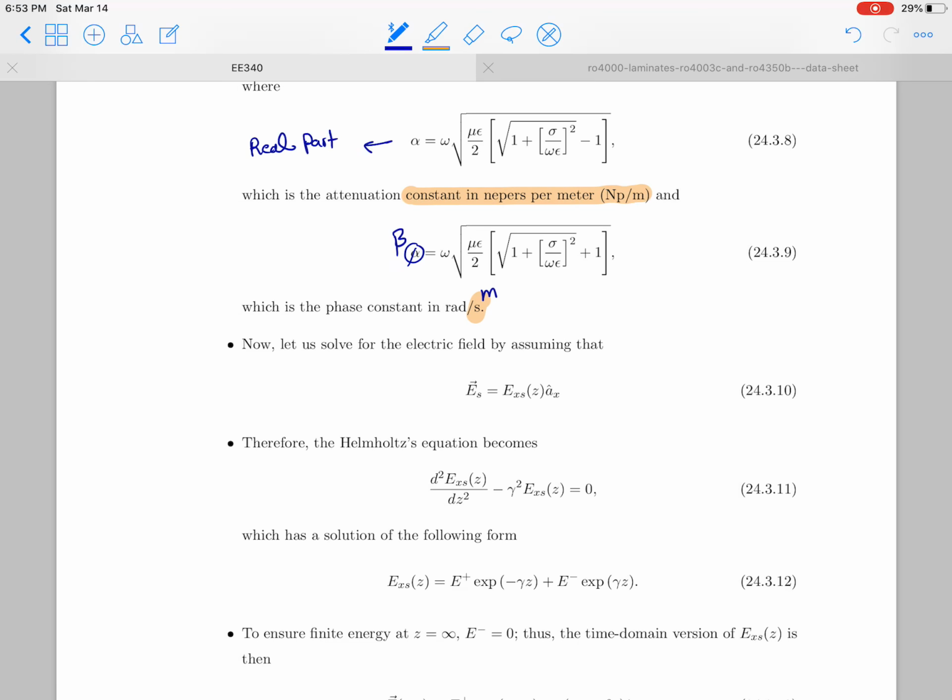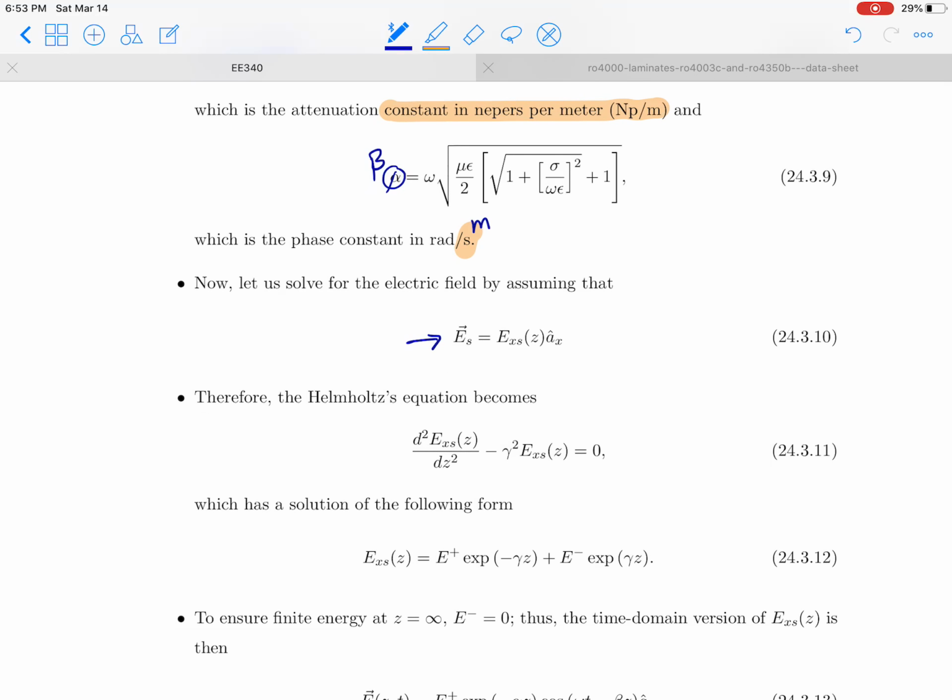So now let's solve for the electric field. Let's assume that the electric field has the following form. The electric field is time harmonic. It's a function of z, and it's along the positive x axis, along the a_x direction.